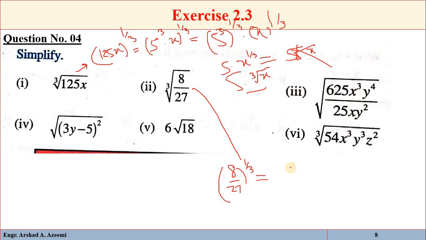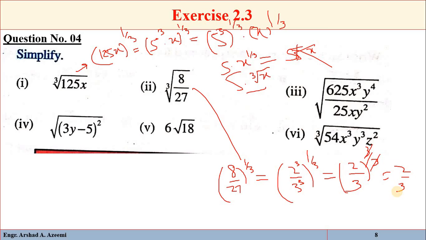Now it can be written as 2 power 3 divided by 27, which is 3 power 3, whole to the power 1 over 3. Or it can be written as 2 by 3 whole power 3 by 3 according to the quotient rule. So it will be cancelled and the answer will be 2 by 3. So this is the simplification of the second one.